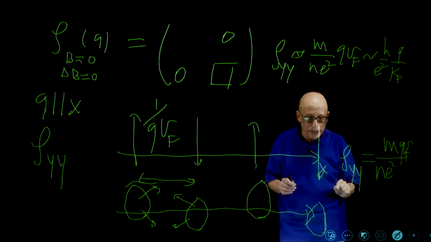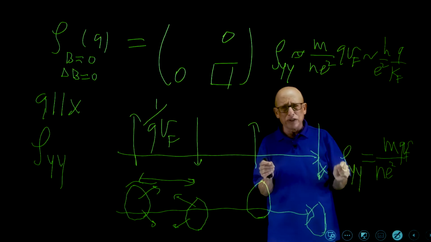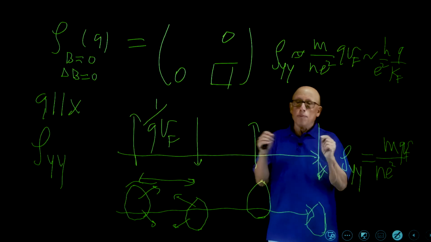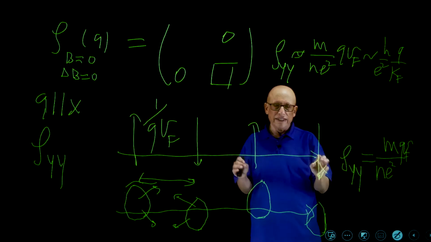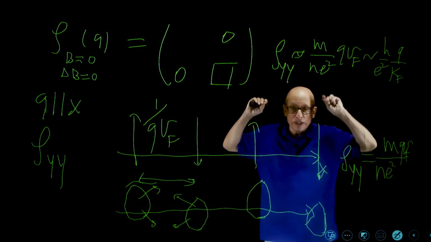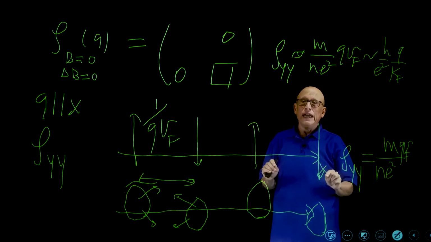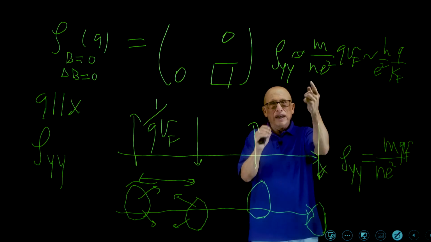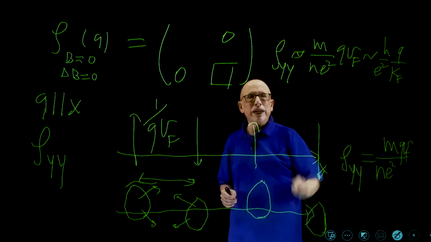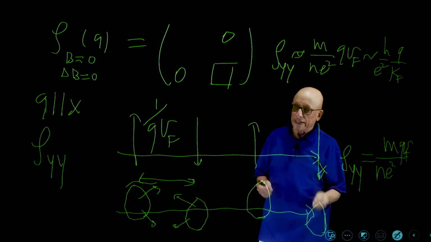But rho yy as a function of q is not easily measurable. What is much more measurable, not easily, it's not a simple experiment, is the conductivity at finite q. And in order to get the conductivity, we need to invert the resistivity.